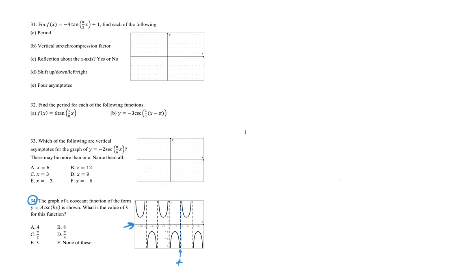So we can put in our kx equals, normally it would be pi, but now we know that x is 4, so k times 4 equals pi, so k must be pi over 4.